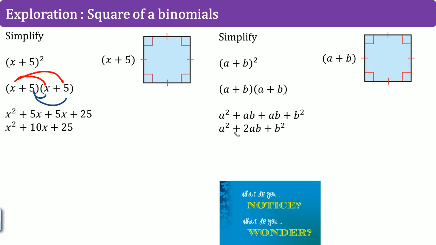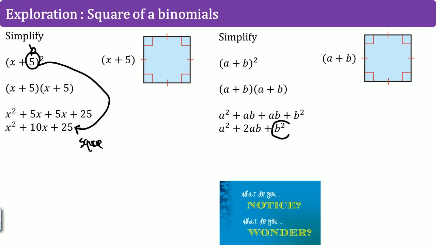Notice anything interesting that happens? Well, you should take a look. Notice that if this is the 5, it's squared, because this is the b term. So notice it's b squared.